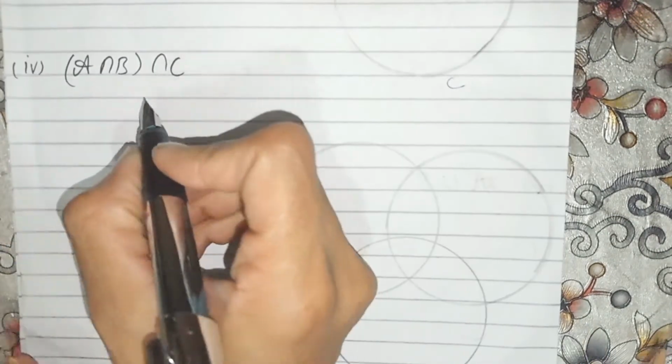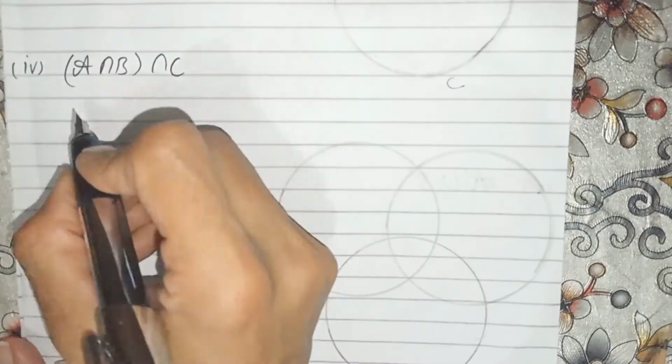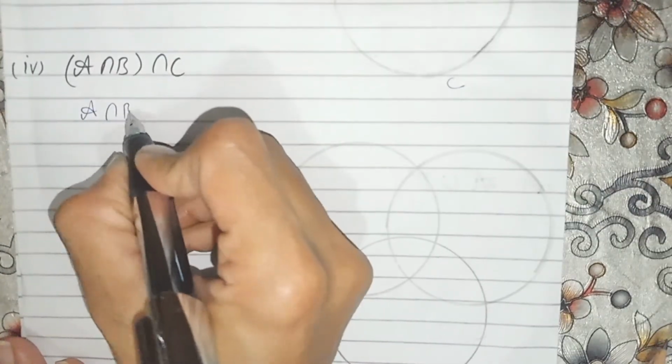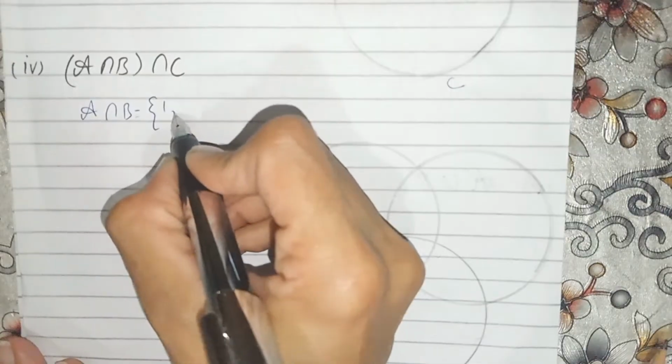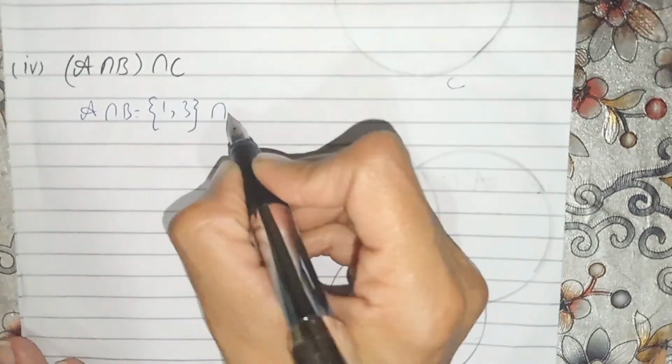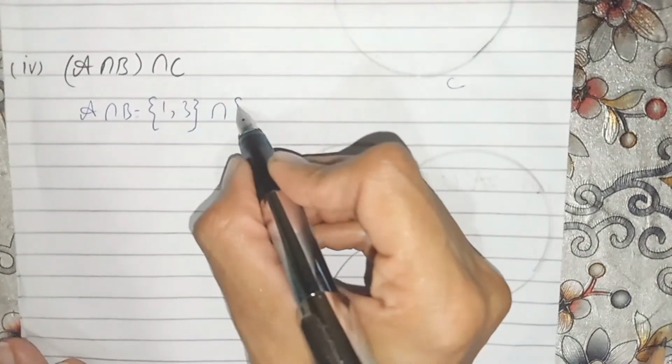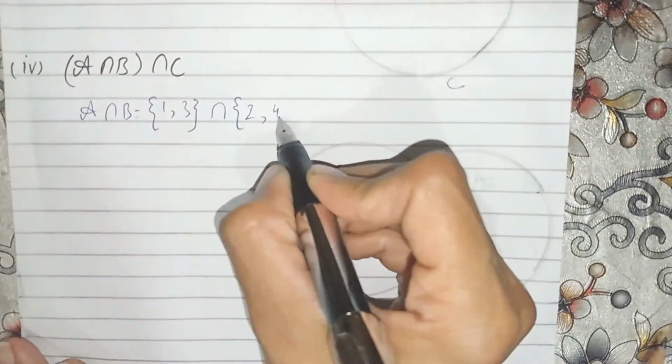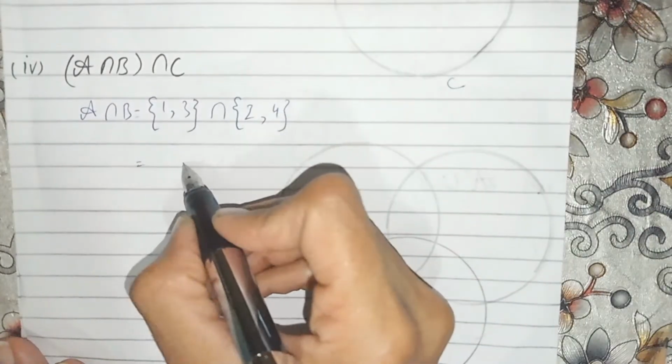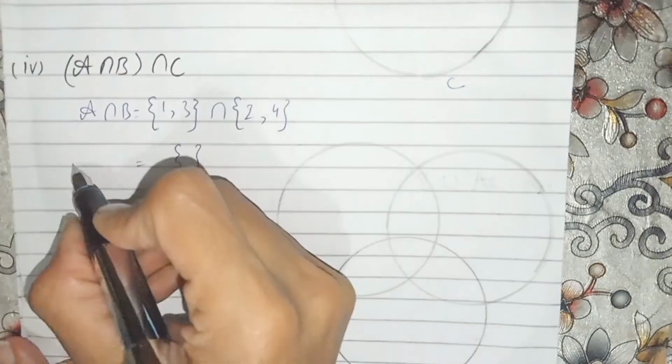Part number D, A intersection B with intersection C. A intersection B, and A is 1 and 3, B is 2 and 4, and their common is the empty set.